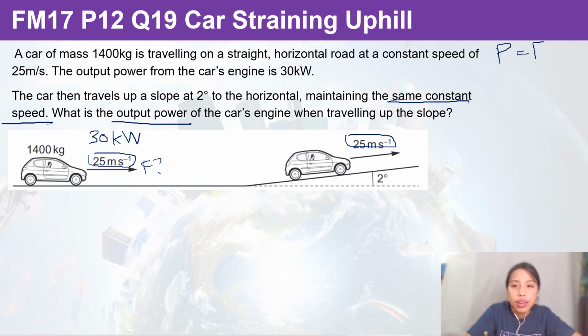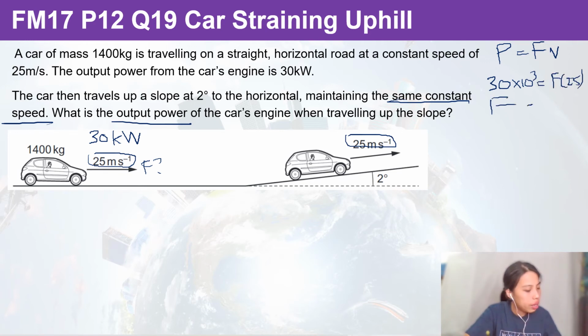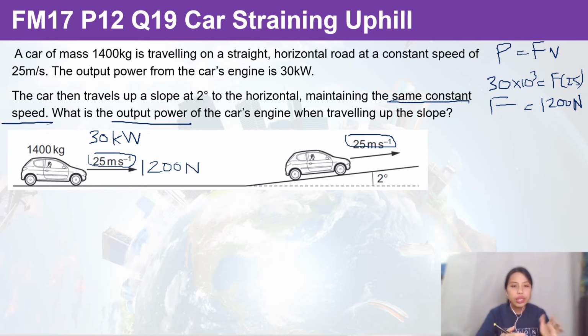Power is force times velocity. So we have 30 kilowatts equals force times 25. So the force will be about 1,200 newtons. So this car engine is giving out 1,200 newtons, which relates to a power of 30 kilowatts.